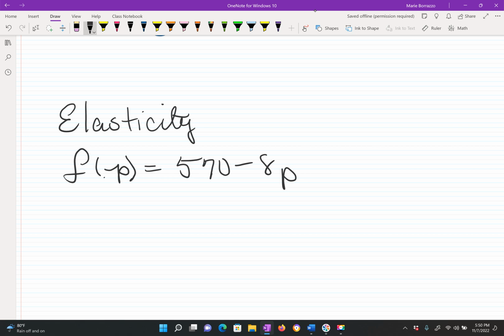And they want to know at what point does it have unit elasticity? Another formula you need to remember. Unit elasticity. So what do you think the value would be for this one? Unit elasticity. Look at your notes. There's a specific formula.